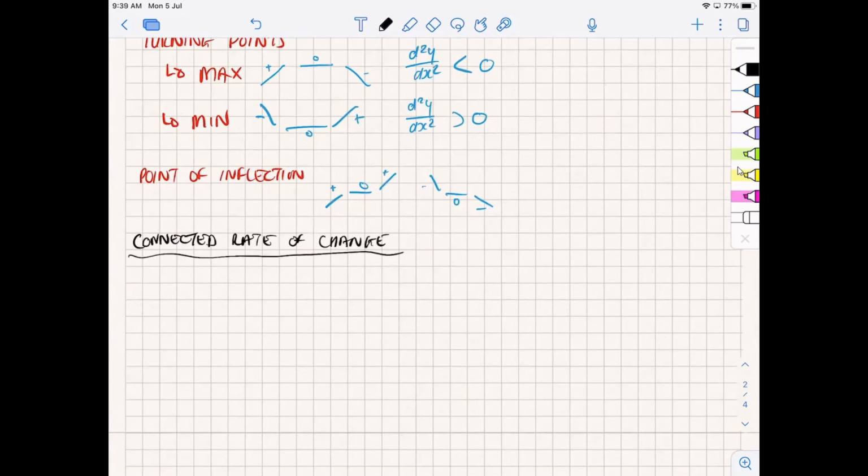Okay, so the idea was, and I'm gonna leave it out for a second, that if we have two variables, and they can be anything, but we can just say x and y, for instance, and they are both connected by a third variable, we can connect them using the chain rule, okay?